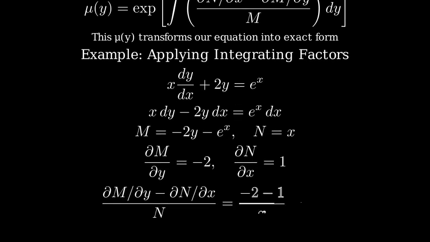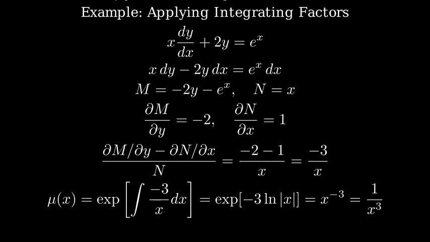So the expression (∂M/∂y - ∂N/∂x)/N equals (-2 - 1)/x = -3/x, which depends only on x. Therefore, we can find mu(x) = exp(∫ -3/x dx) = exp(-3 ln x) = exp(ln x^-3) = x^-3 = 1/x^3.